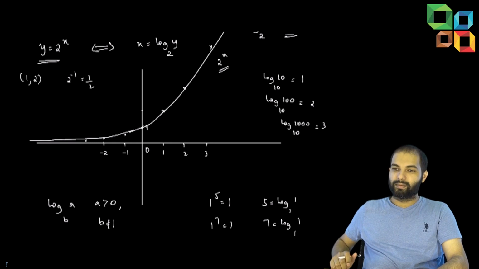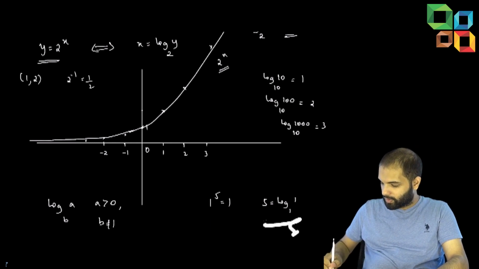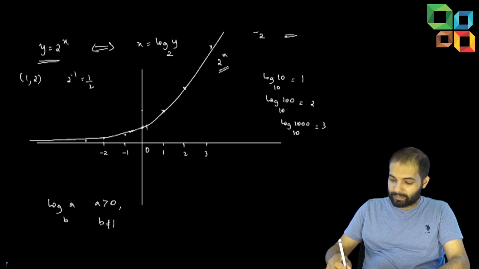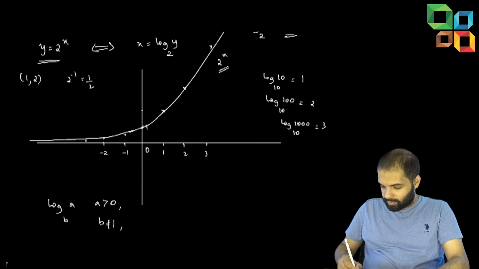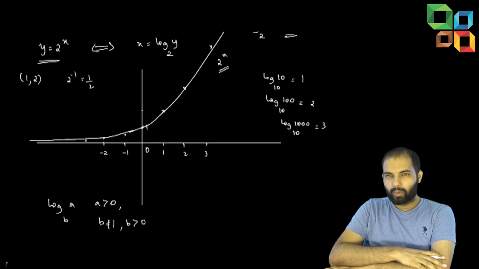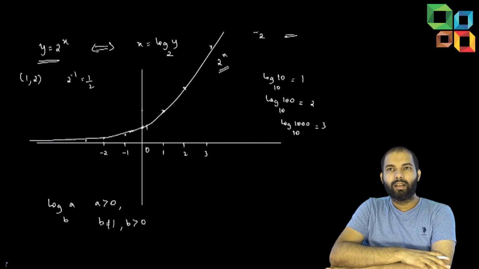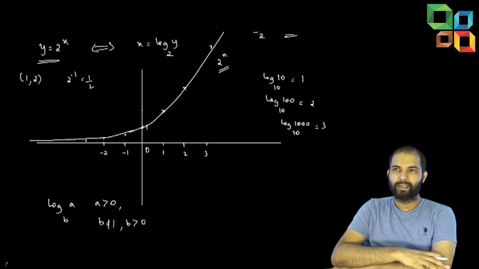There's one more condition. What is it? Some of you have already read it. B should be greater than 0, but there are some exceptions. Those exceptions are not defined anyway. Why should b be greater than 0?